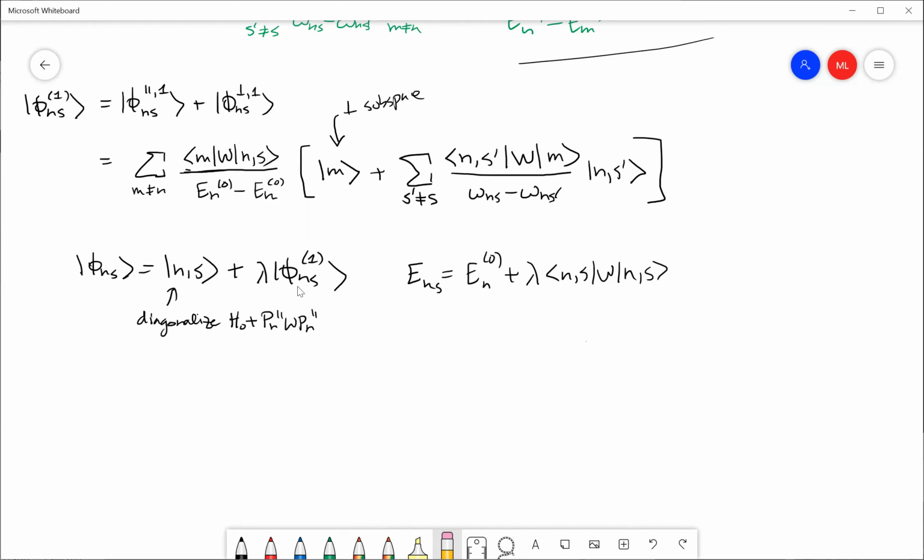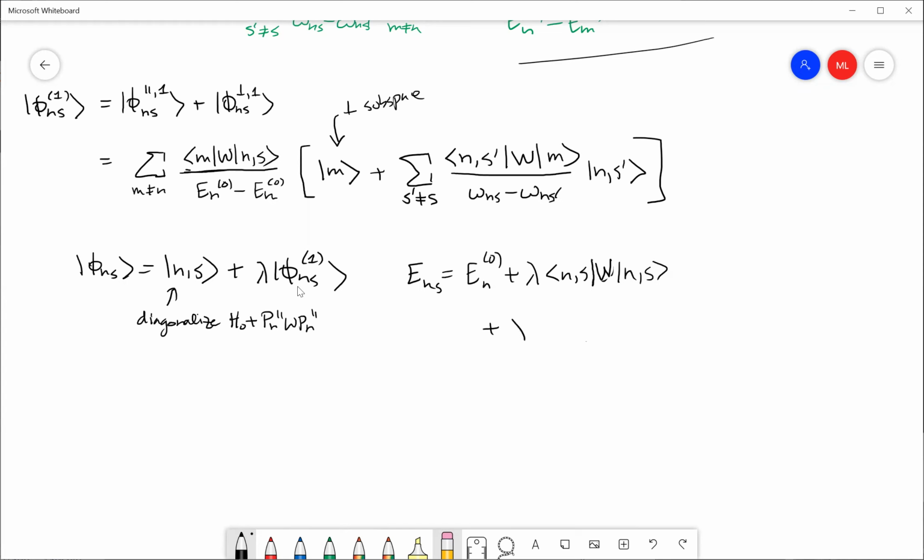So these are just the matrix elements of W, and again, you diagonalize W in that degenerate subspace. But in the non-degenerate subspace, you just take the diagonal matrix element, as you would for regular perturbation theory.